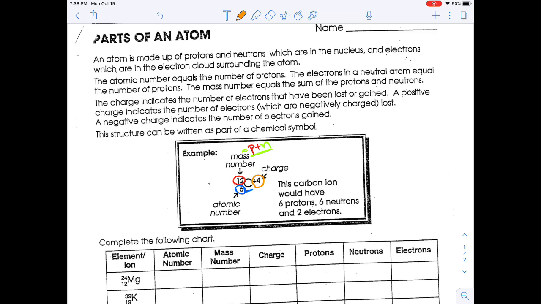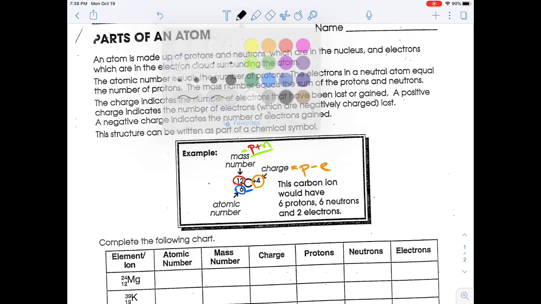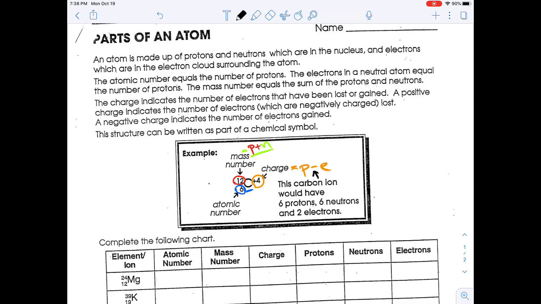And we can determine that charge if we take the number of protons and we subtract the number of electrons. Protons are positive, electrons have that little negative charge here, so that we're going to build that negative in. So if you know the protons and you know the electrons, you can figure out the overall charge of an atom.